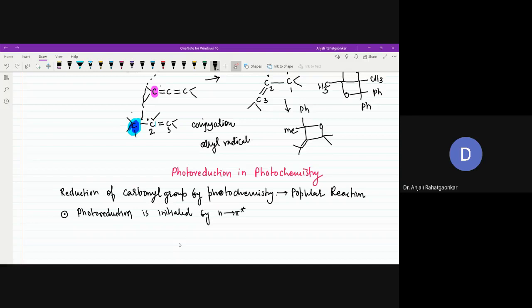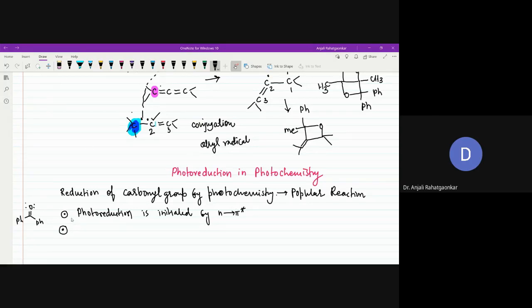So the reaction is initiated by an n-pi transition. Why is it initiated by an n-pi transition? As we always know, the carbonyl containing compound has a lone pair of electrons, and that's why the n-pi transition can easily be possible here.